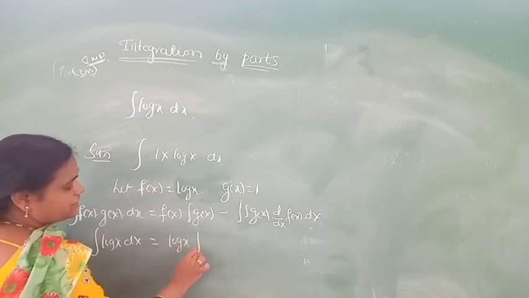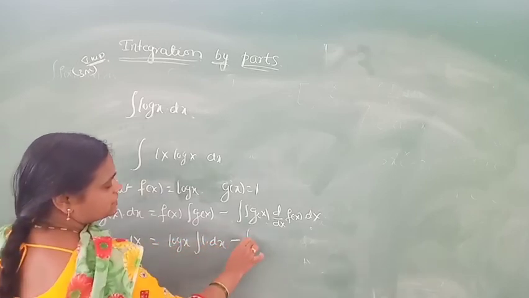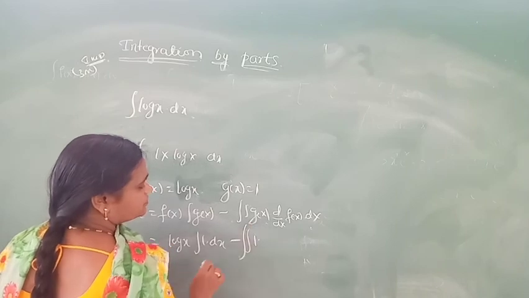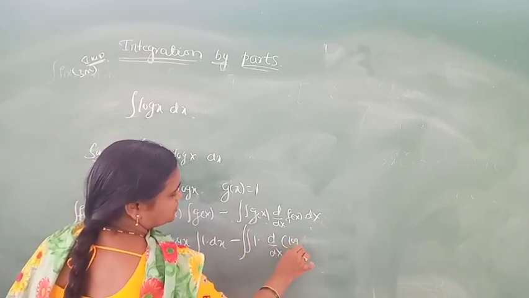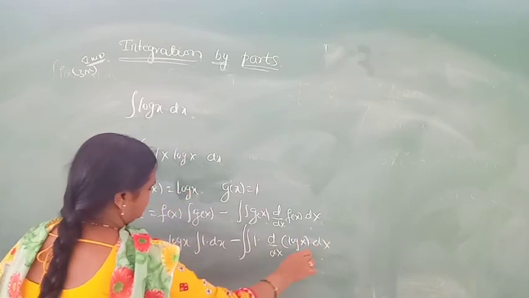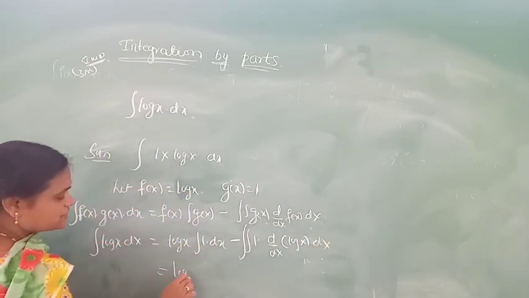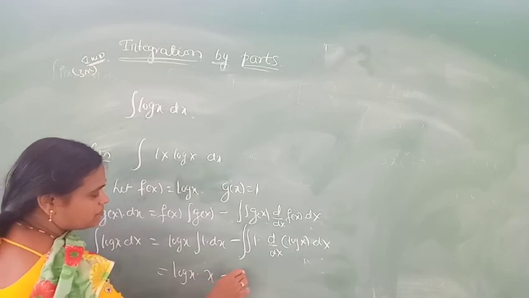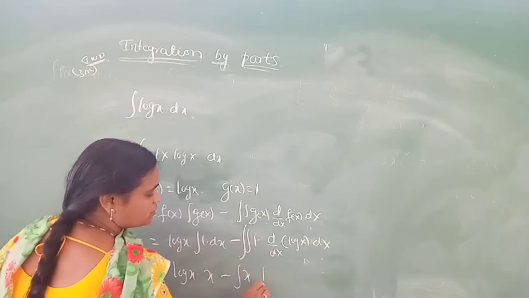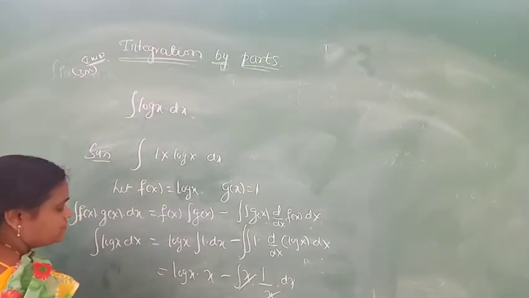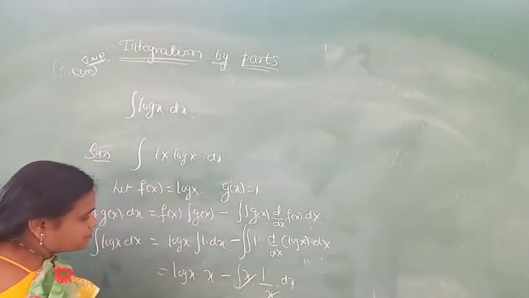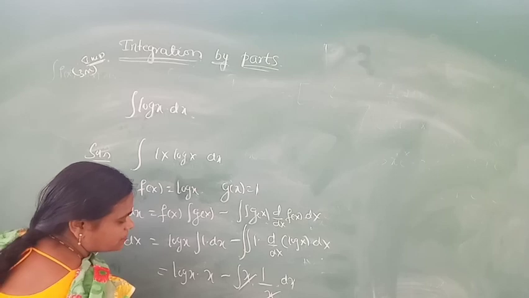So log x times integration of 1 dx, minus integration of 1 times d by dx of log x. Log x as it is, integration of 1 is x, minus x times 1 by x with respect to x. The x cancels, leaving x log x minus integration of 1, which is x, plus c.